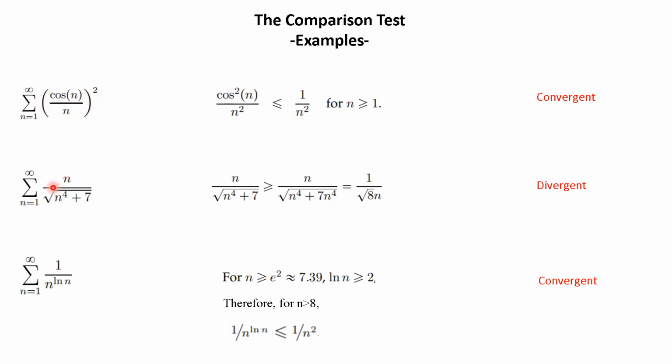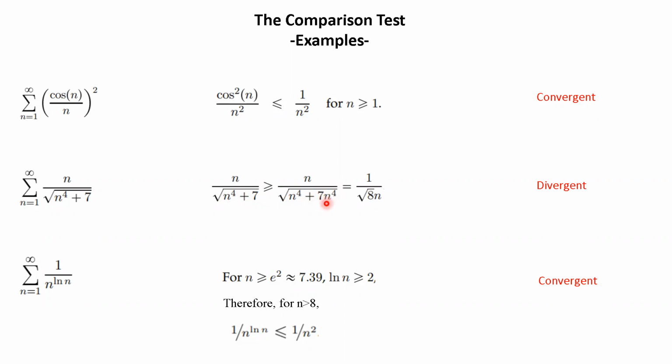Then another example over here. I have this one, and I am going to make the denominator greater. Instead of n to the 4th plus 7, I have n to the 4th plus 7 times n to the 4th.